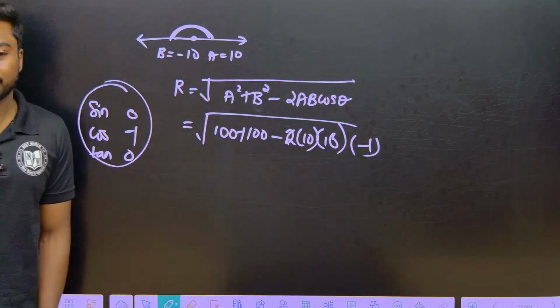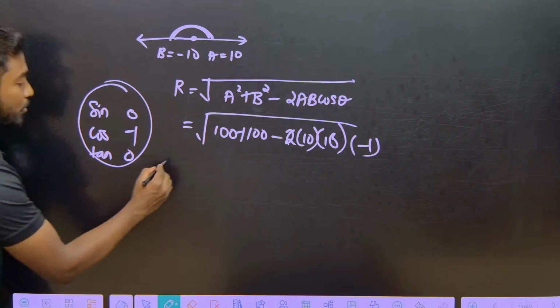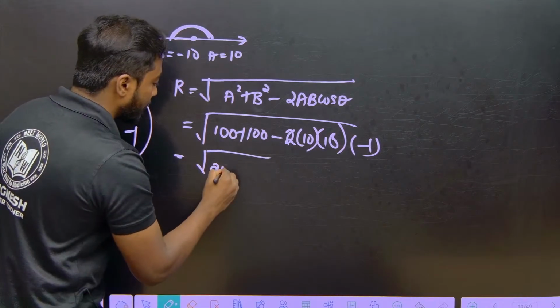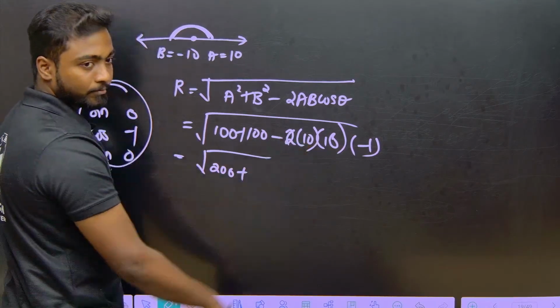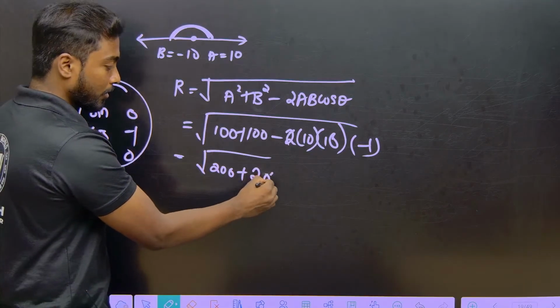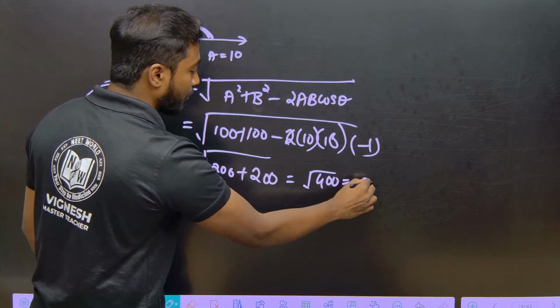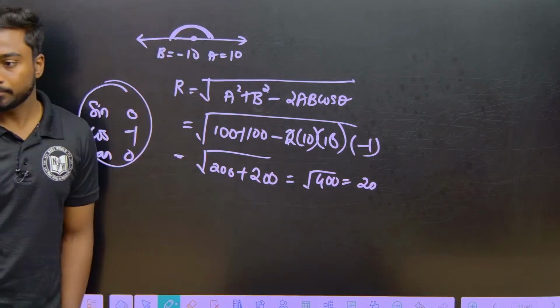What is the answer? So minus minus will become plus. So this is my 200 plus again 200. So total answer is 400, which is nothing but 20.